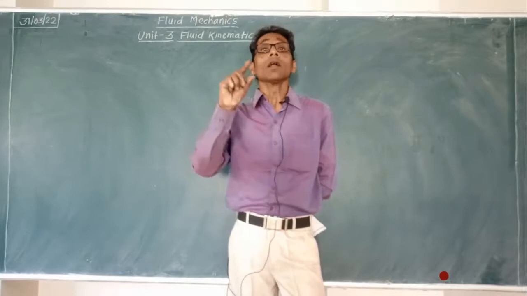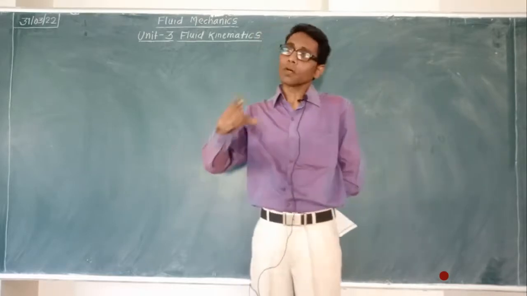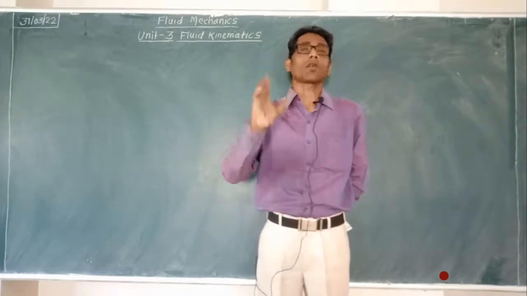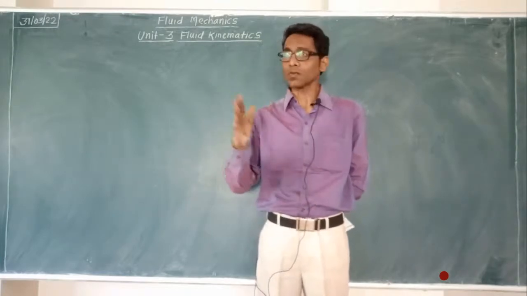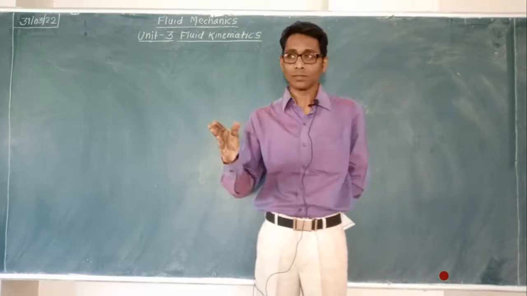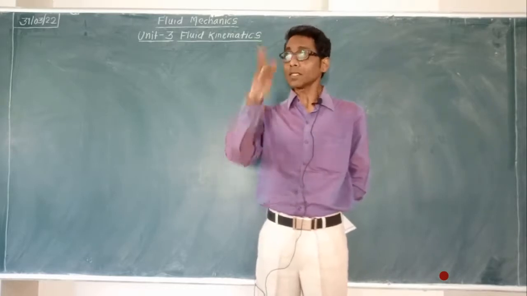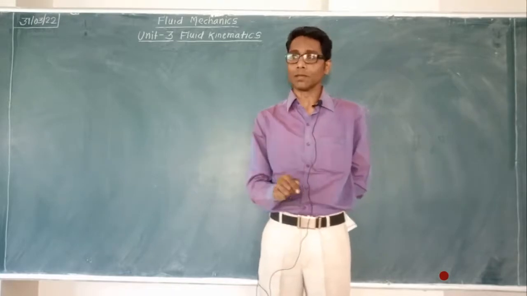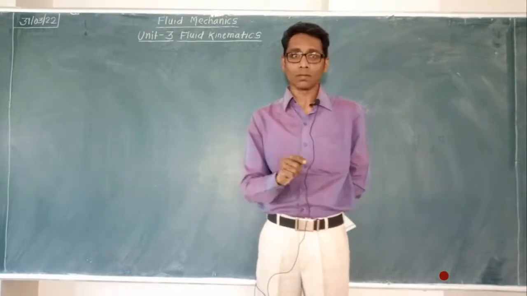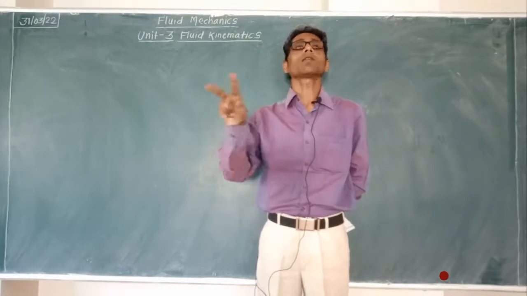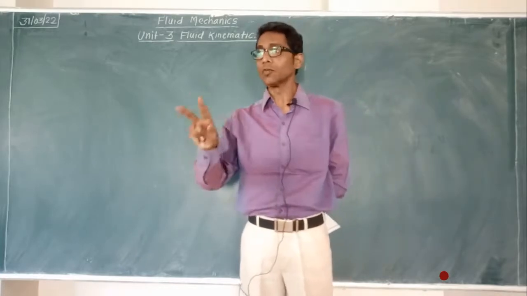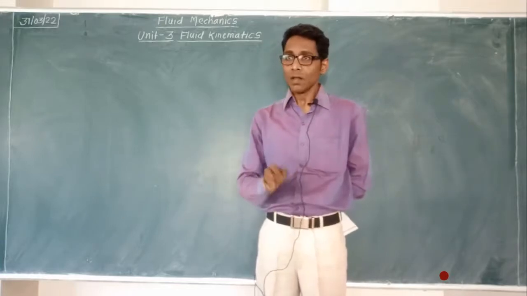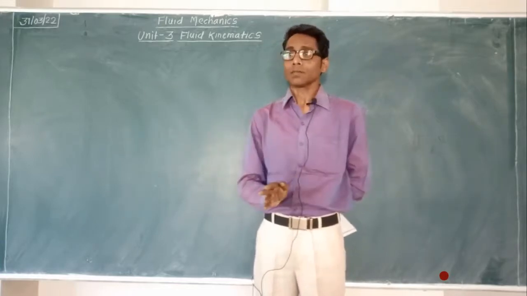Area is the area of the pipe through which the fluid comes. If the pipe is circular in cross section, it is pi by 4 d square, multiplied by the velocity of the fluid passing through that pipe, meter per second. Area in meter square into meter per second gives meter cube per second, which is the unit of discharge. This is again a flow parameter.